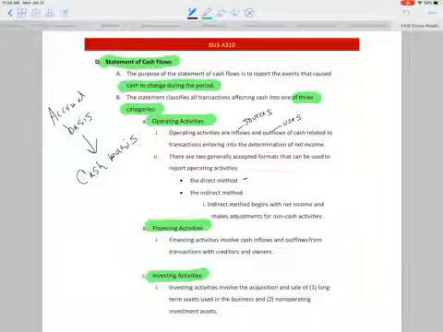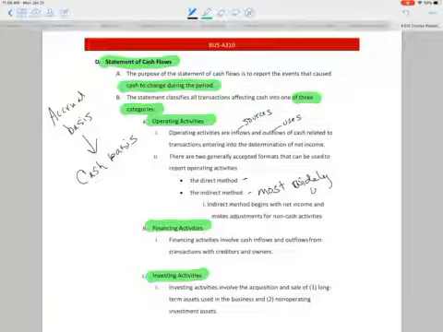And we can use two different formats for that. We can use the direct method or the indirect method. The indirect method is the most widely used, and so that's what we're really focused on. I'm not going to spend much time on the direct method, but the indirect method we'll talk about a little bit.